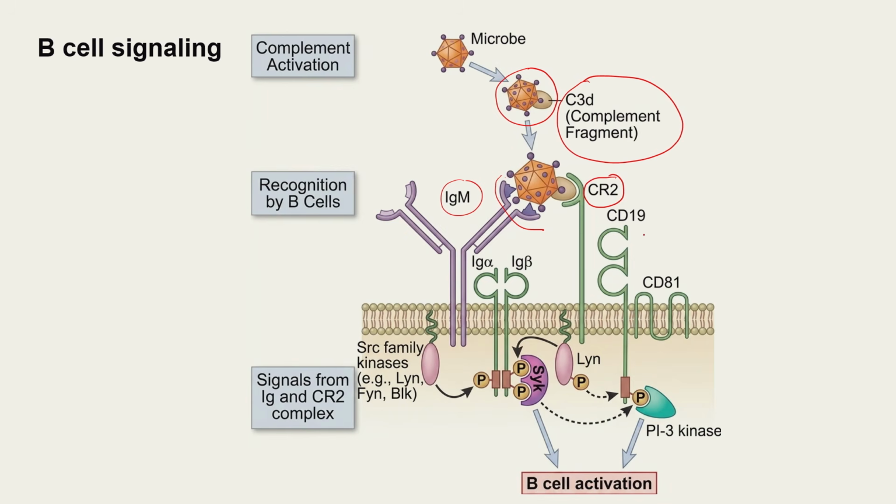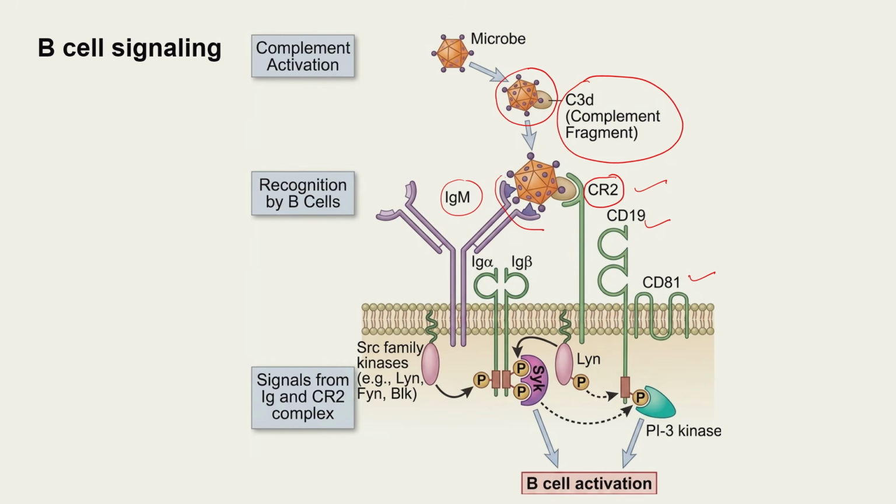And apart from that, we have CD19 and CD81. So we need to understand that apart from the BCR, the B cell receptor, which is immunoglobulin, Ig alpha and Ig beta, there are CD19, CD81 and CR2. These are the three other proteins which are present on the cell surface of the B cell.